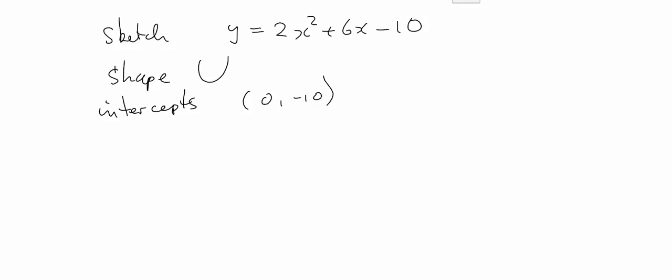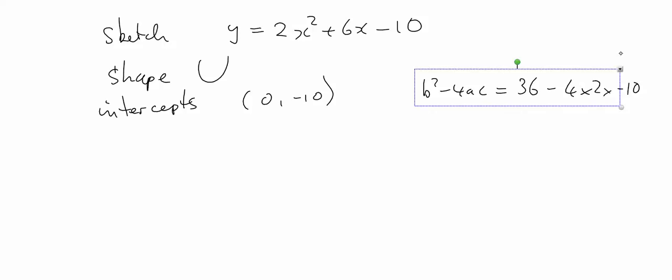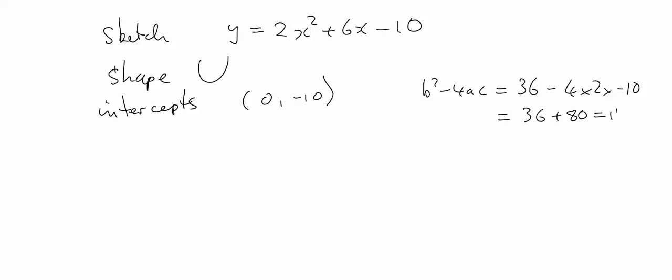If we consider the discriminant, b squared minus 4ac, that is 36, b squared minus 4 times a times minus 10, which comes to 36 plus 80, which is 116. So this discriminant is positive, and so it does have solutions.